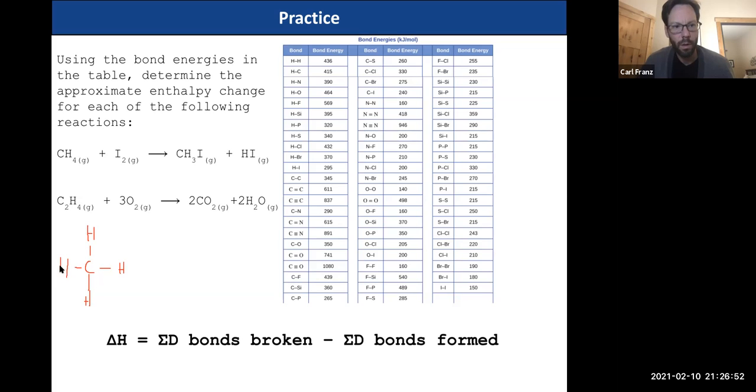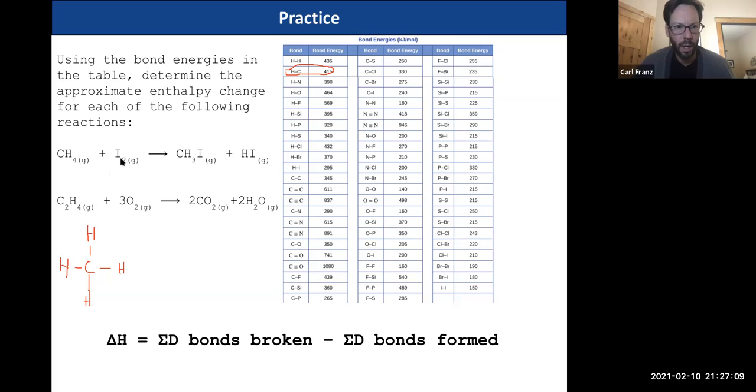So 4 CH bonds. You look in the table and you'd say, well, where's CH? Oh, it's right here. 415. So that would be 415 times 4.